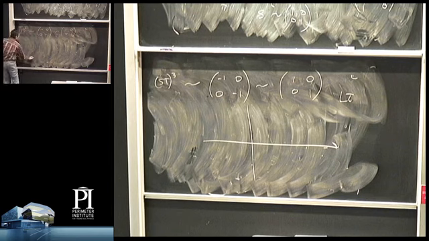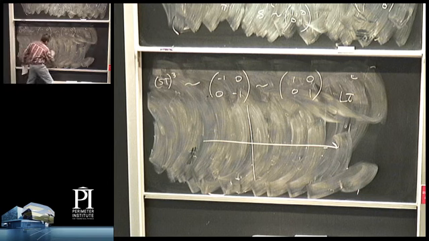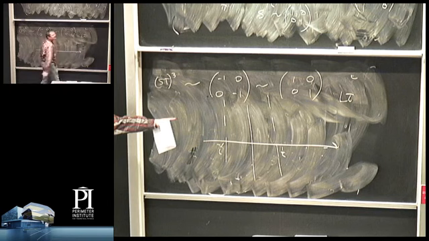Okay, so very good. What does this tell us? It tells us that there is a lot of identification going on in this tau plane, and integrating over the whole tau plane is not the right thing to do.